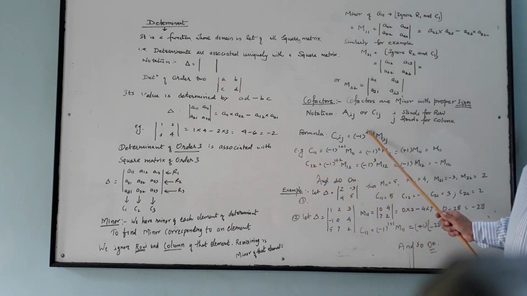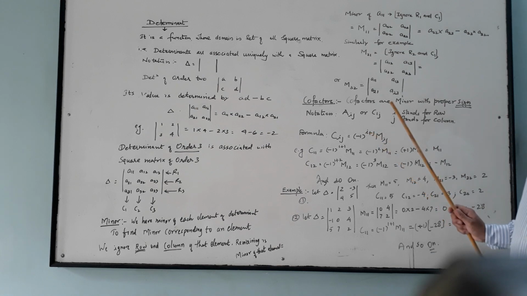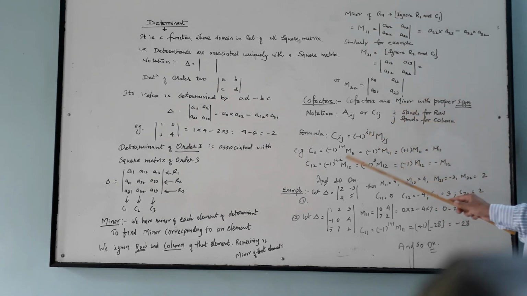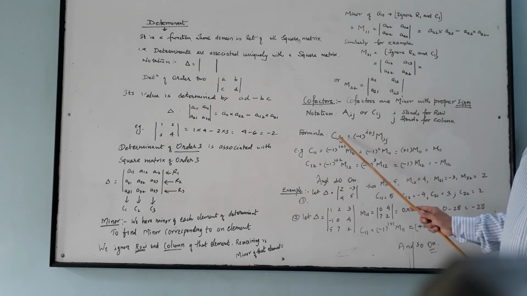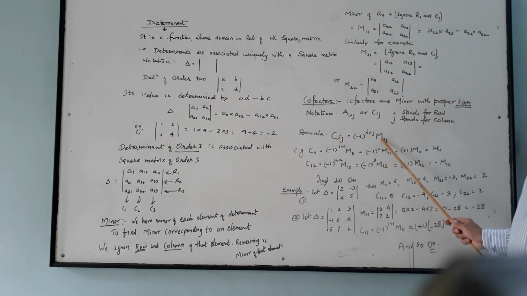It is clear that if the sum of I and j is even, the sign will remain plus, positive. Minus 1 to the power any even number gives you plus 1. So when I plus j is even, cofactor and minor will have no change. There will be no difference between cofactor and minor; they will be the same.